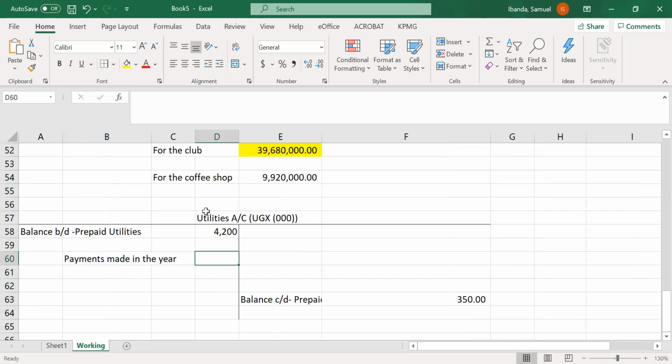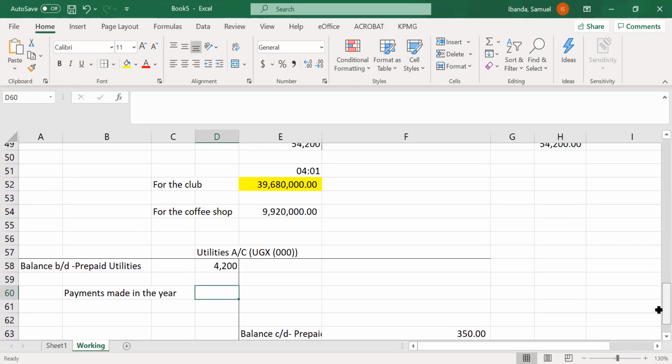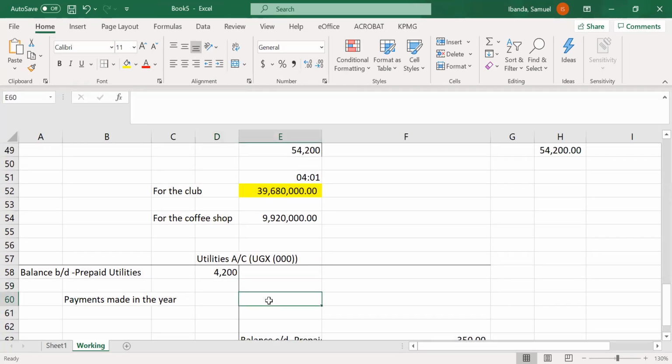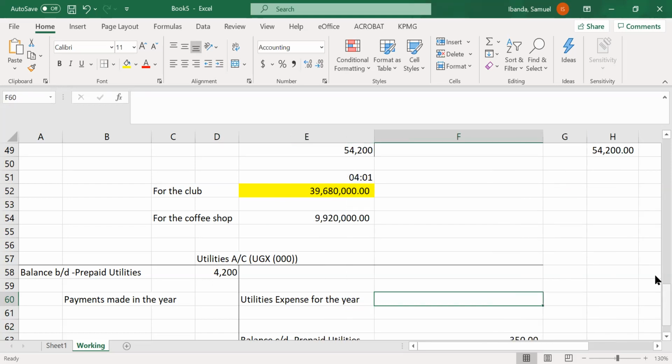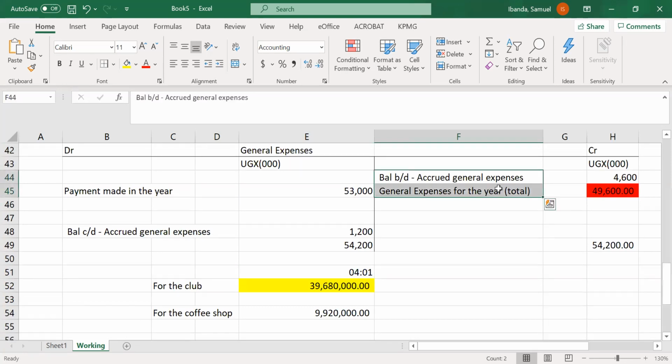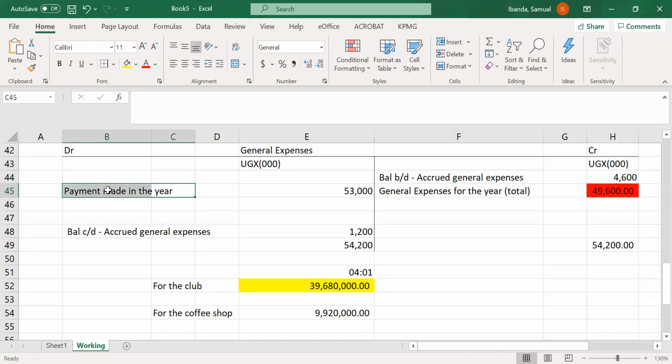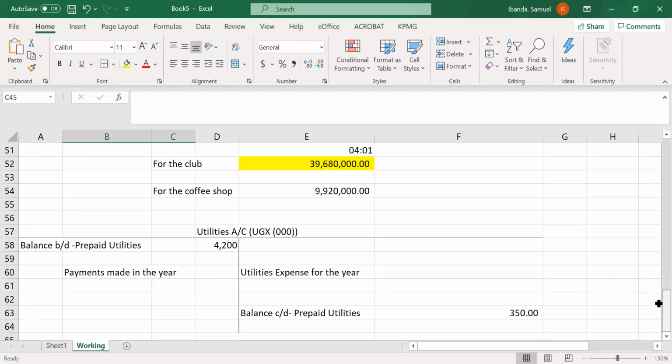Payments that were made are recorded here. And then recognitions, which is basically the utilities expense for the year, is recorded on the opposite side, just like the way we had for our general expenses. The general expenses for the year are usually on this side, and payments made this year are usually recorded on this other side.